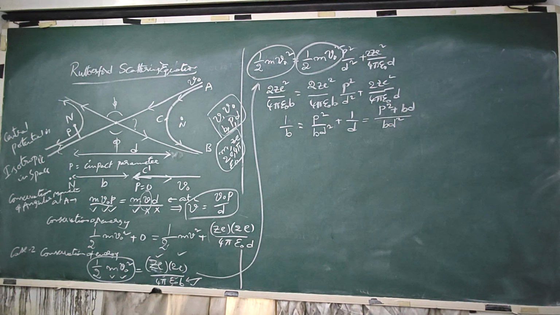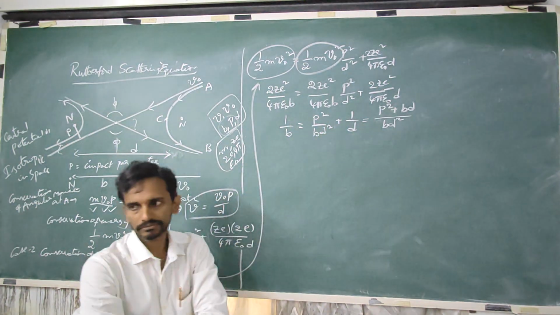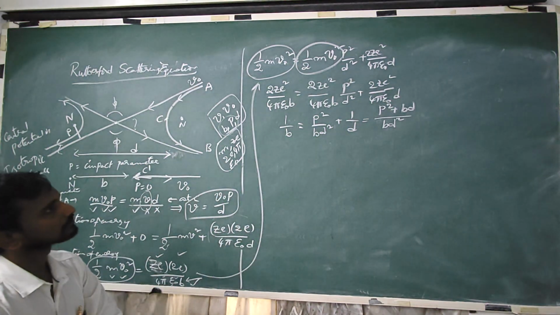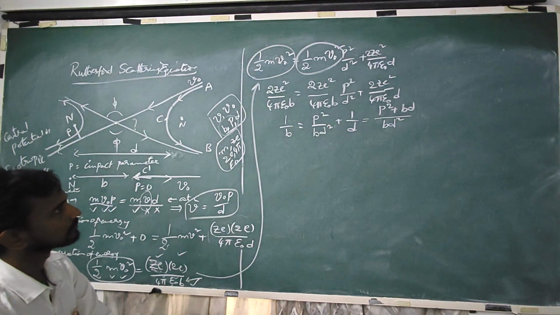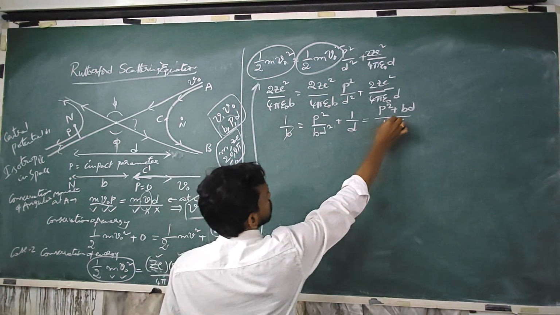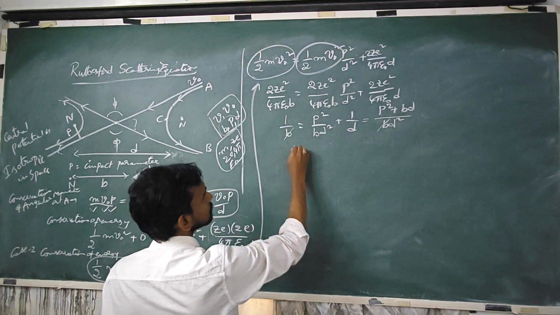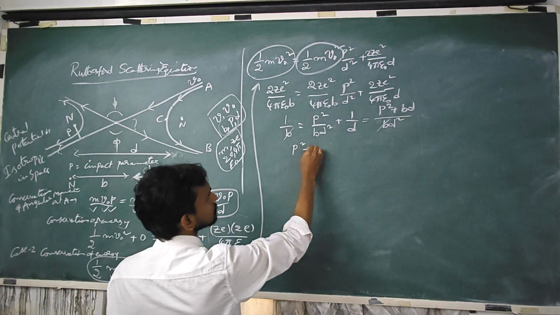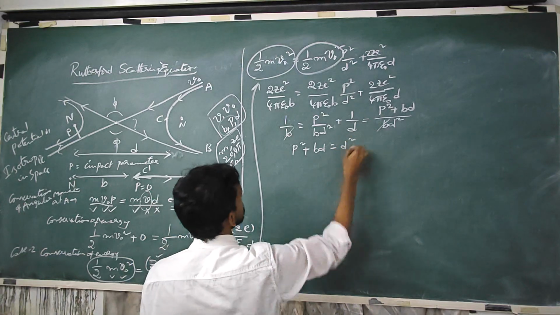So multiplying with bd on both sides here. So in total, I can cancel this. P square plus bd is equal to d square.